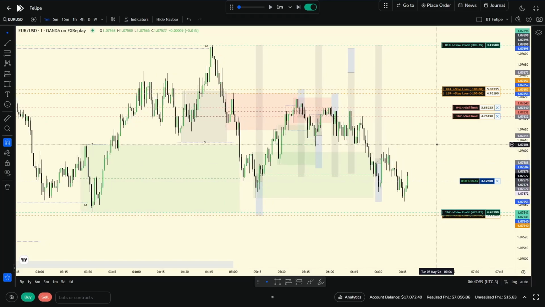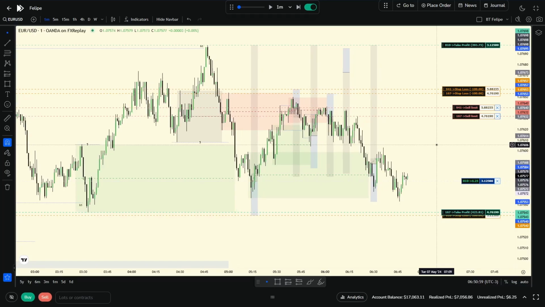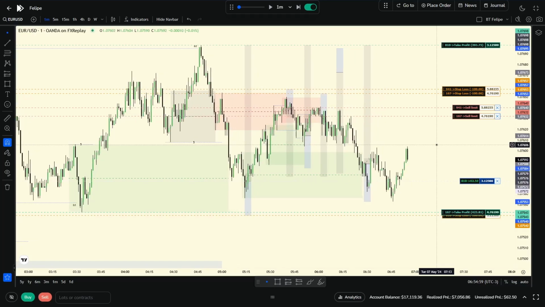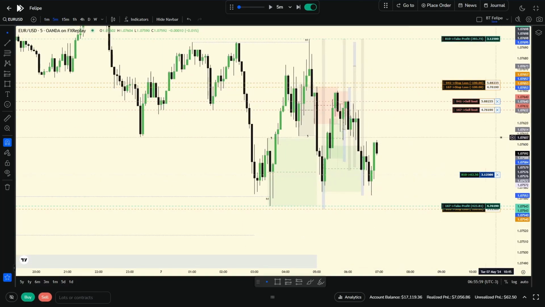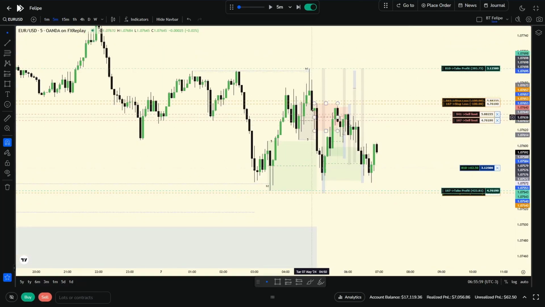Okay. Well, this M5 actually took its target. 1, 2, came back.